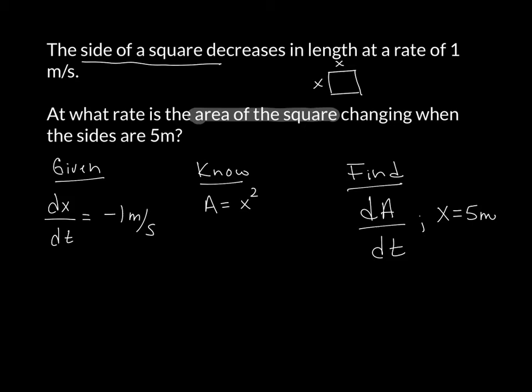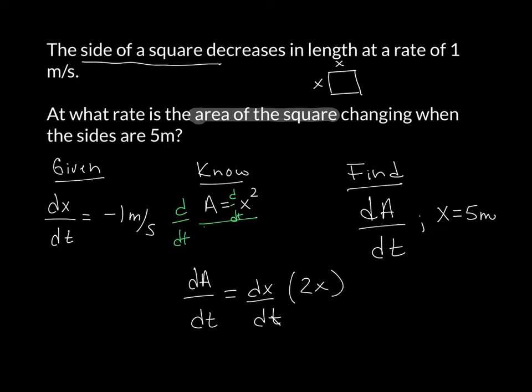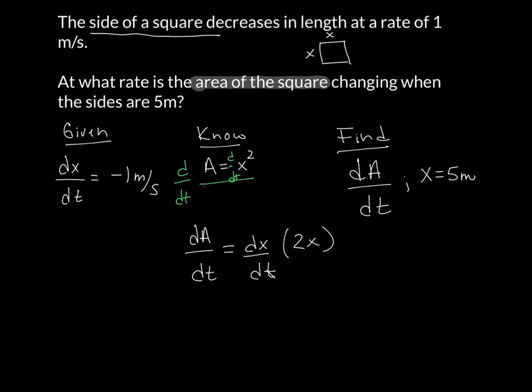So I'm going to go ahead and start with the known formula and take d/dt of both sides. And that will leave me with dA over dt is equal to dx over dt times the derivative of x squared, which gives me 2x. And that's all I need. I have everything else.